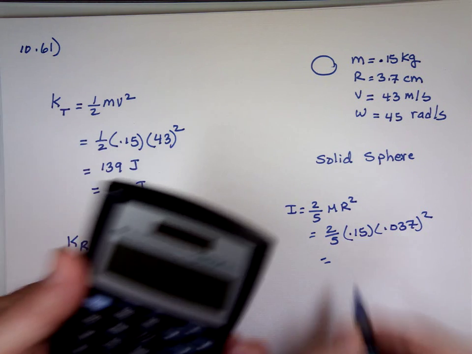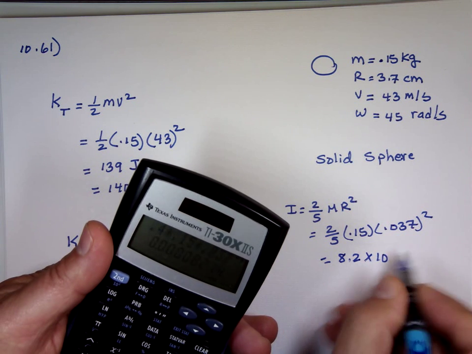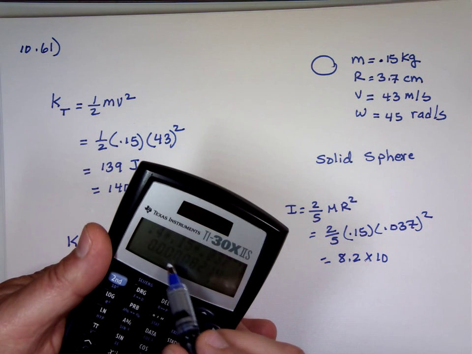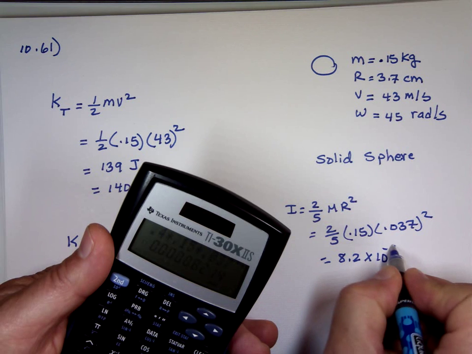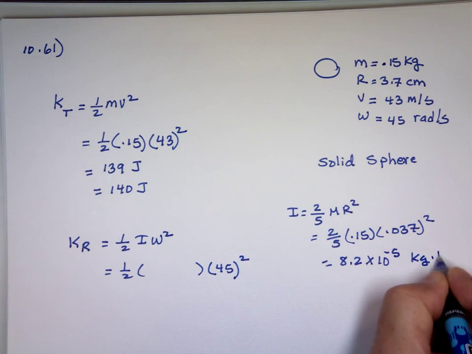Oh, small number. 8.2 times 10 to the power of -5 kilogram meter squared.